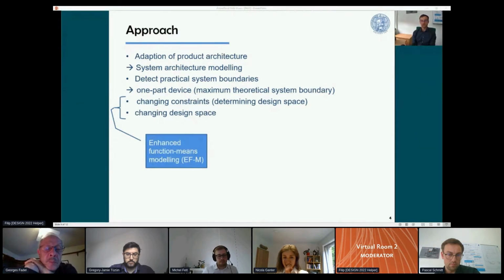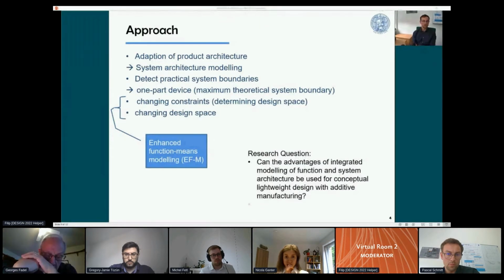Thus, design spaces can be detected quickly by changing manufacturing processes. Related to this method is also one of the research questions of this paper. Can the advantages of integrated modeling of function and system architecture be used for conceptual lightweight design with additive manufacturing?